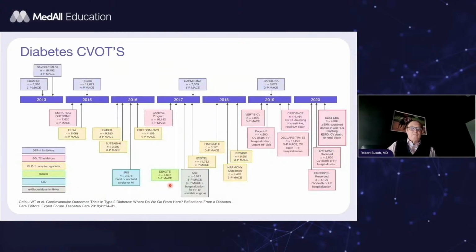Now, fortunately or unfortunately, in about 2007, 2008, the glitazones were beaten up by the FDA, and they said every new diabetes drug had to have a cardiac outcome study showing safety. And it was because of this decision by the FDA that all of these trials were pursued to see, was the drug, a diabetes drug, safe for the heart.